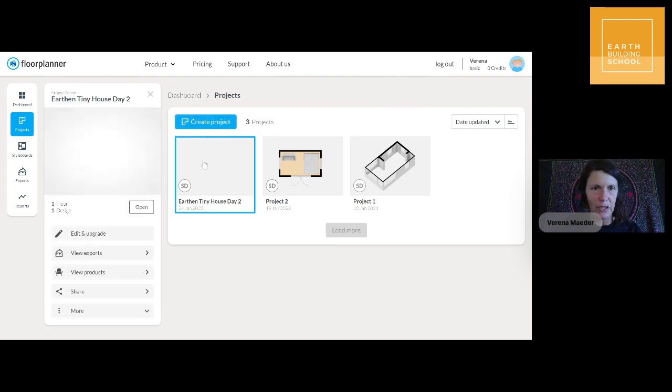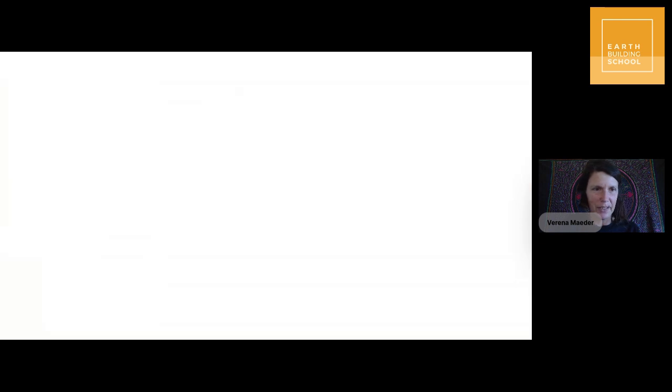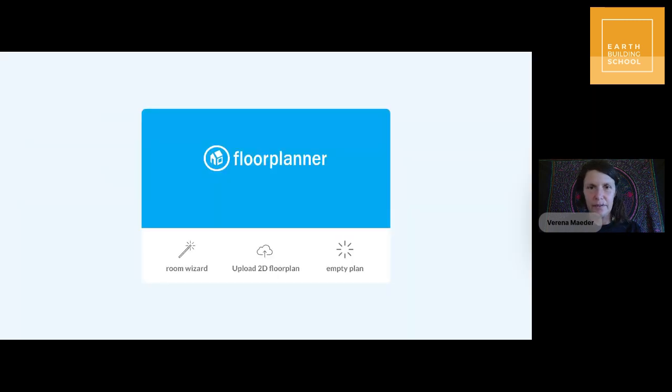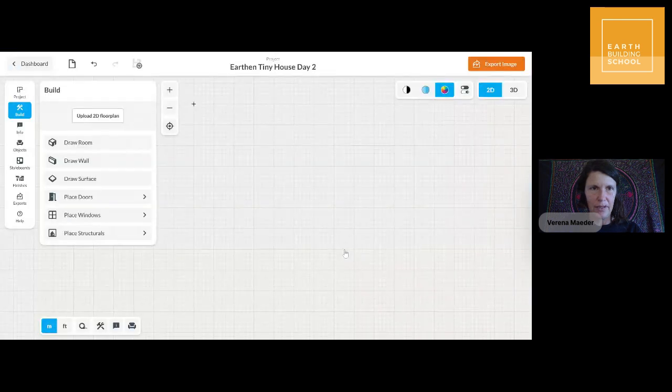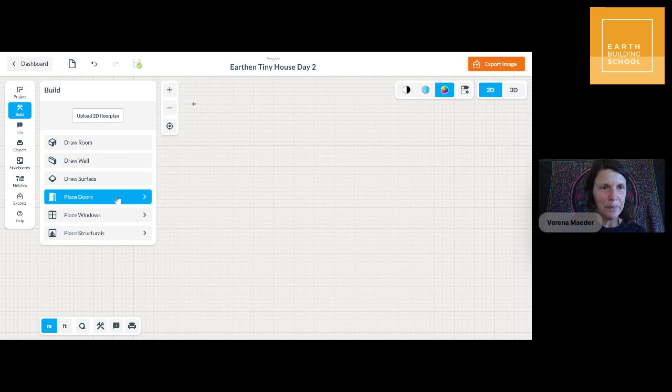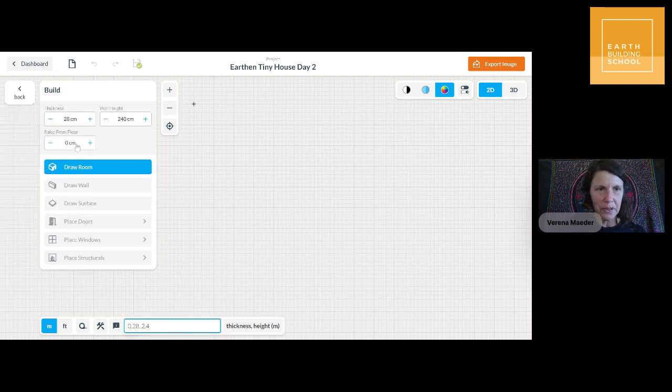I think I already did this yesterday when I was setting up. And you go on to empty plane. And it brings up the graph paper the way you would have it, just online. And then I would suggest you go on to draw a room.